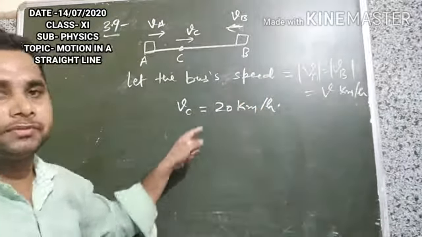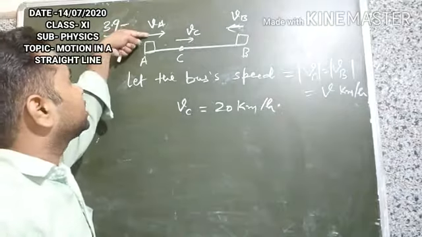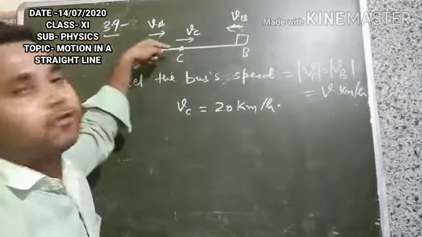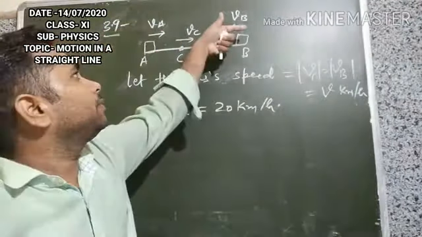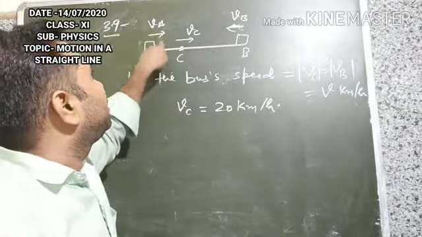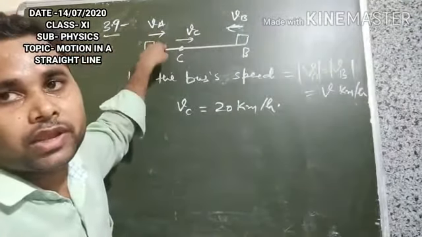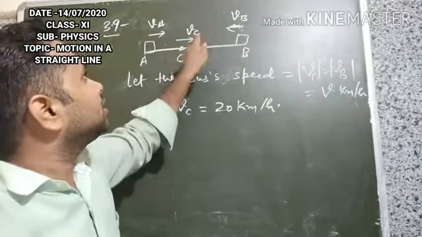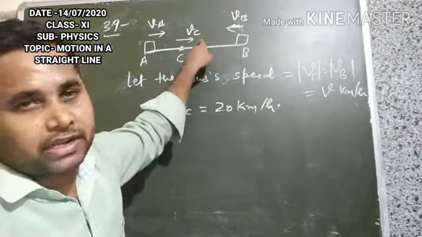See the situation here. Bus A moving means the bus from A is moving towards B. It means the bus that starts from town A is moving in the direction of the cyclist.